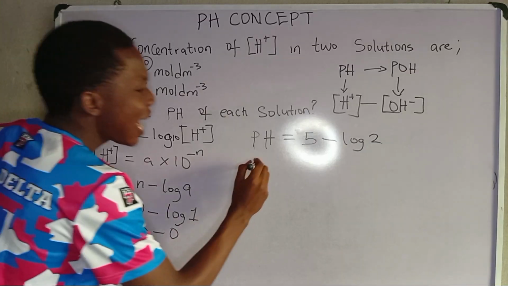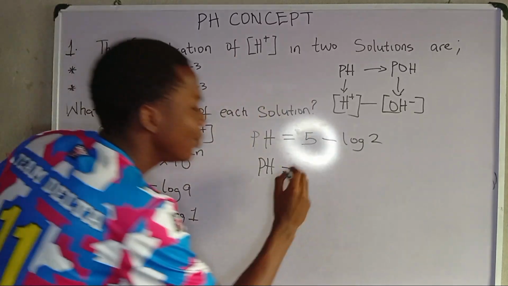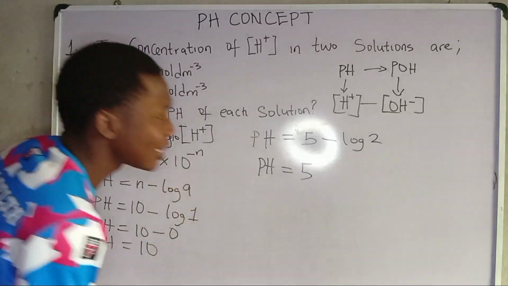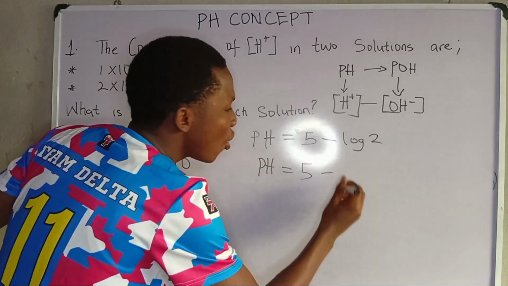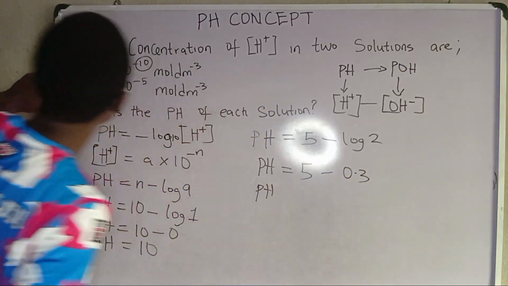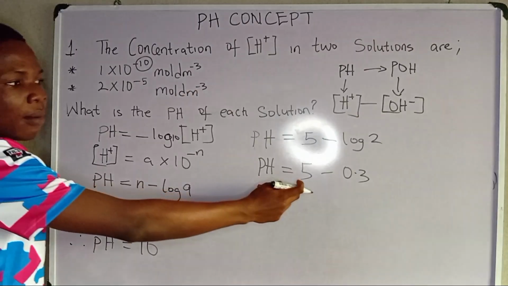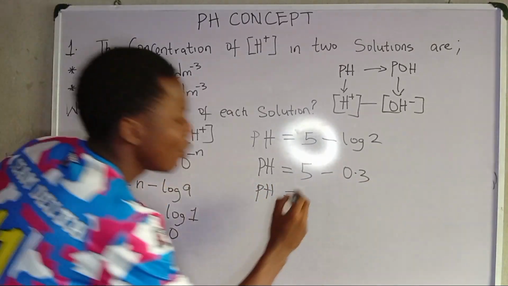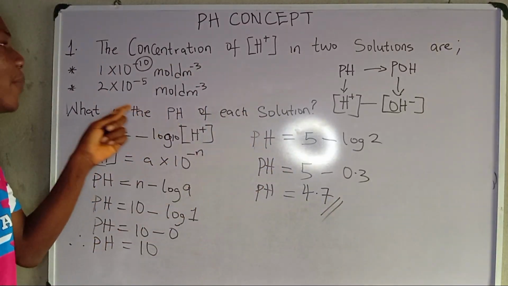At this point, you still need your log table, but thankfully, I have it by heart. Log 2 is 0.3. Therefore, the pH of the second one will be 5 minus 0.3, which is going to give you 4.7. This is the pH of this particular equation.